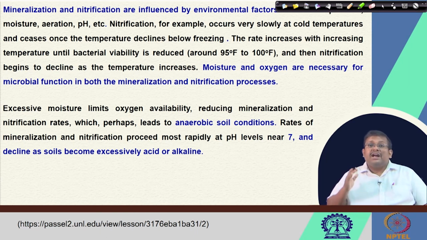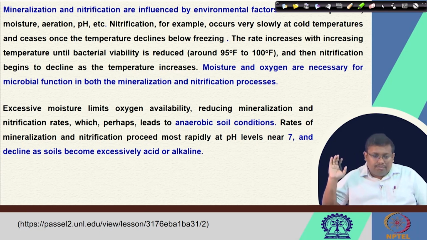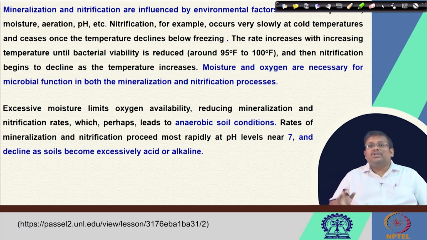Moisture and oxygen are also necessary for microbial function in both the mineralization as well as the nitrification process. Remember that since these processes are mediated by microbes, we have to ensure that their proper growth conditions are maintained. Excessive moisture sometimes limits oxygen availability, reducing mineralization and nitrification rates, because nitrification is an oxidation process.